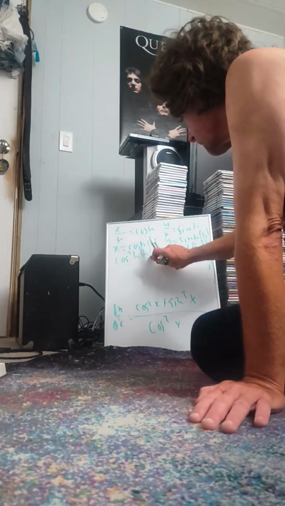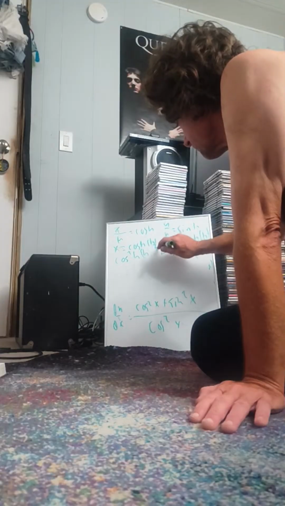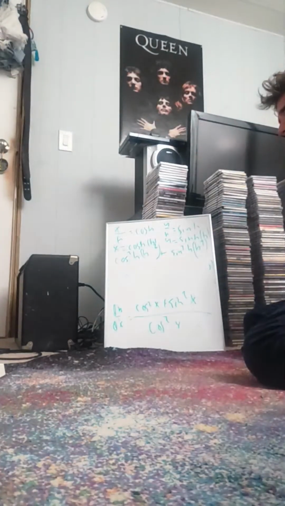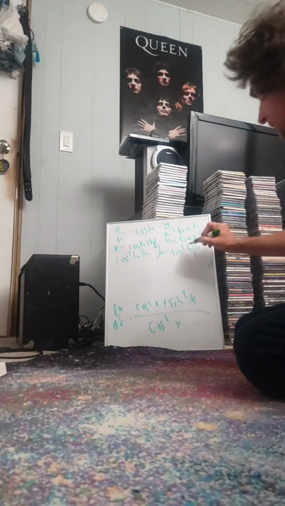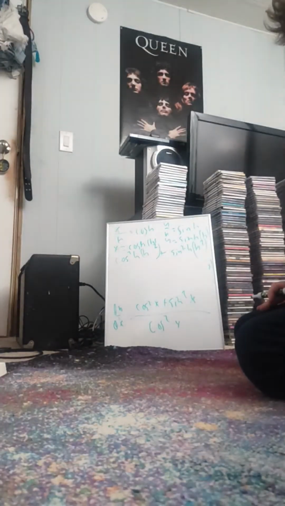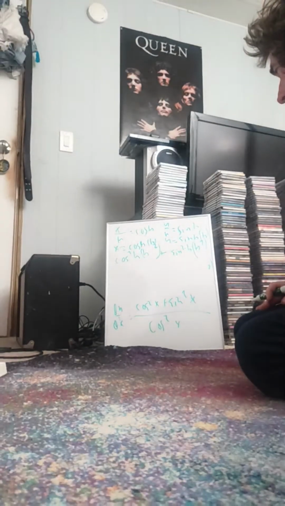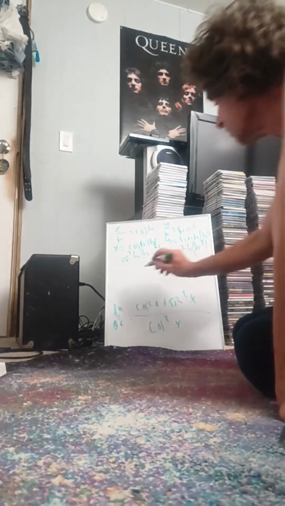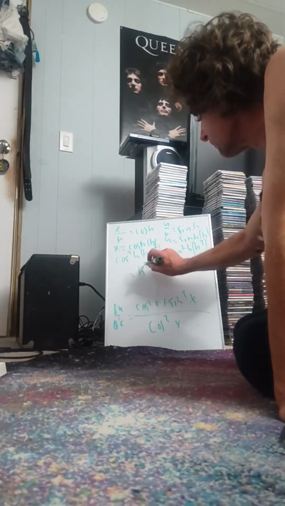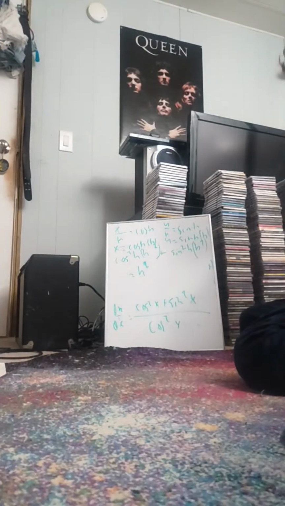So cosine squared h times h squared plus sine squared h times h squared. And then according to the Pythagorean theorem, that is all equal to h squared. So it's x squared, which is this, plus y squared, which is that, equals h squared.